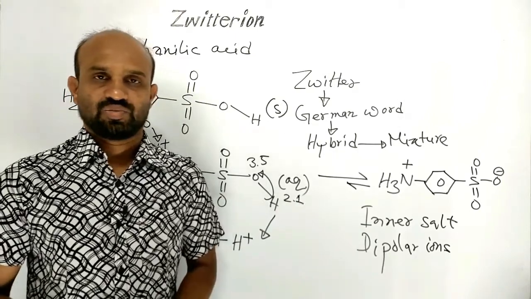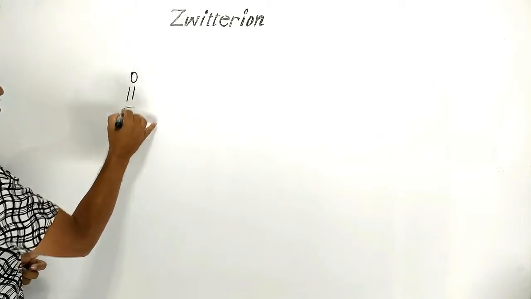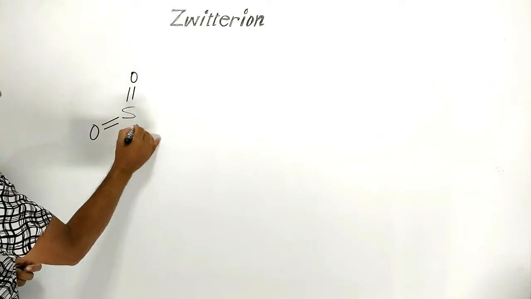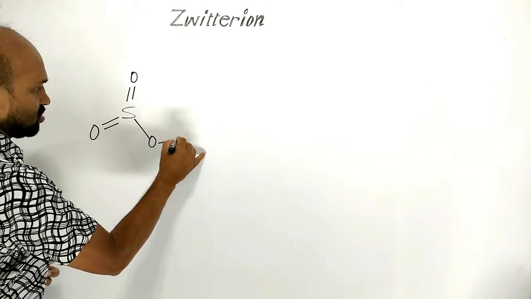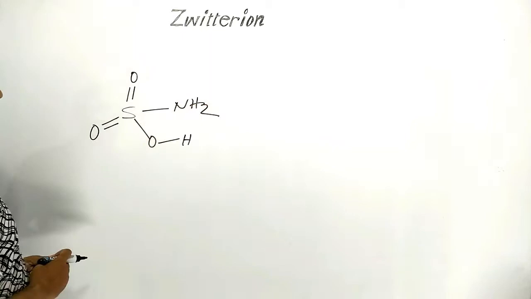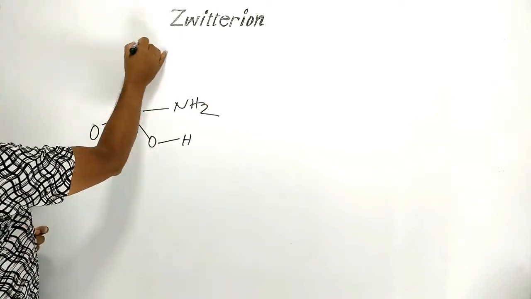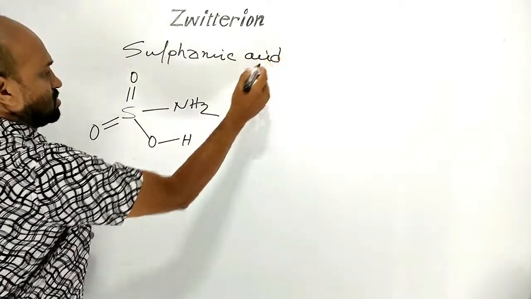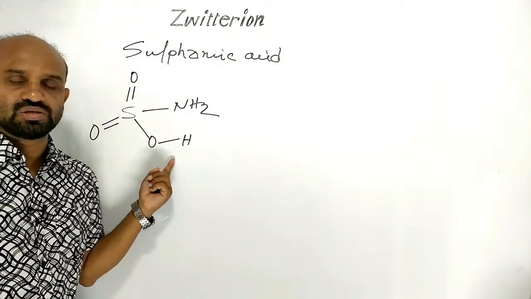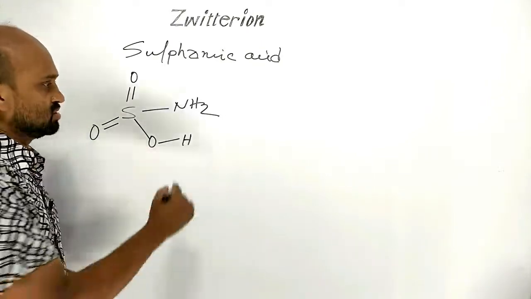Let's see another example. Let's see the structural formula of sulfamic acid. Sulfur, oxygen, here oxygen, oxygen hydrogen, here NH2. This is sulfamic acid, which is an odorless white crystalline solid.